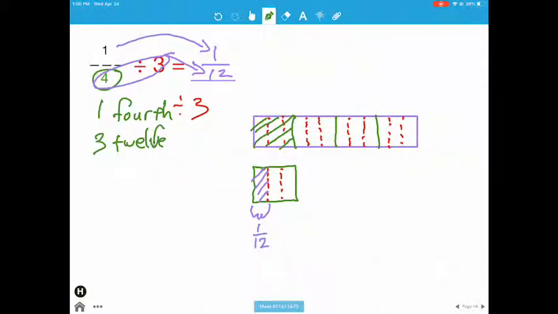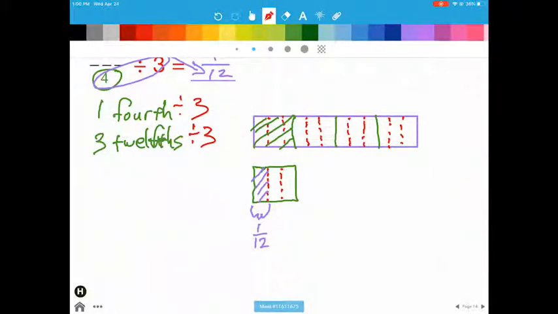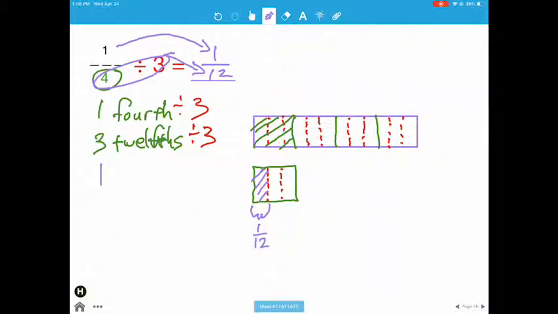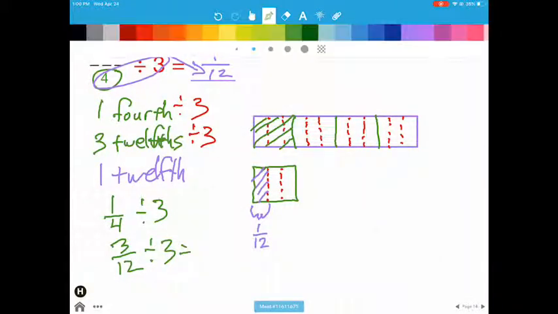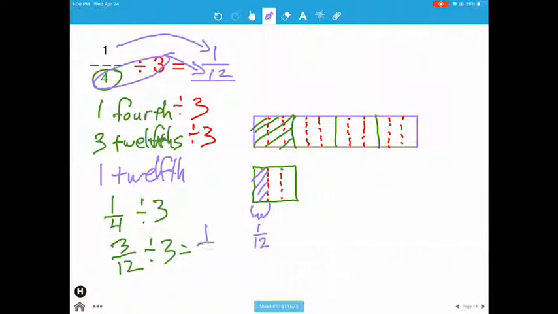It's hard for me to spell this, so bear with me. Divided by 3 will give us 1/12. Okay, now in numerical form, that would look like 1/4 divided by 3 is equal to 3/12 divided by 3, which is equal to 1/12.